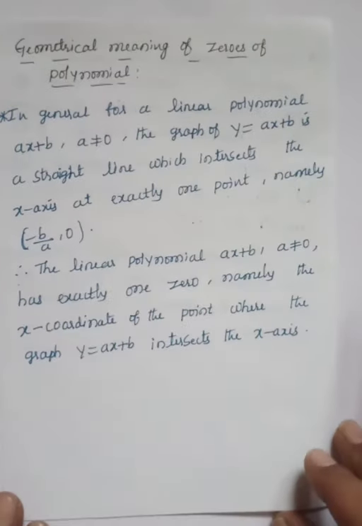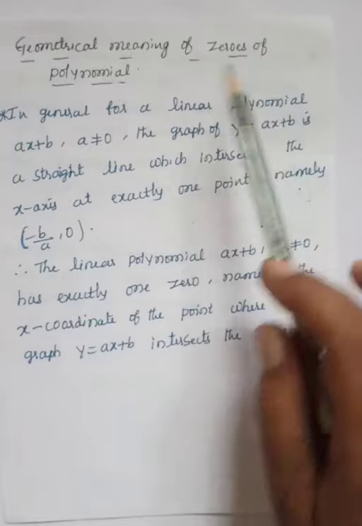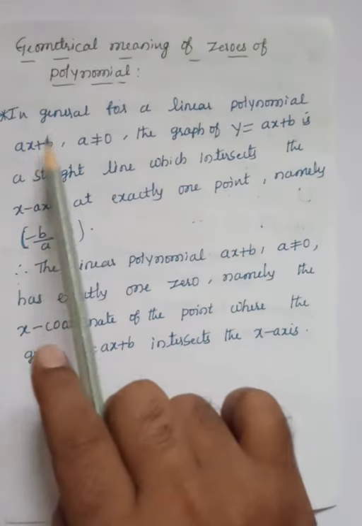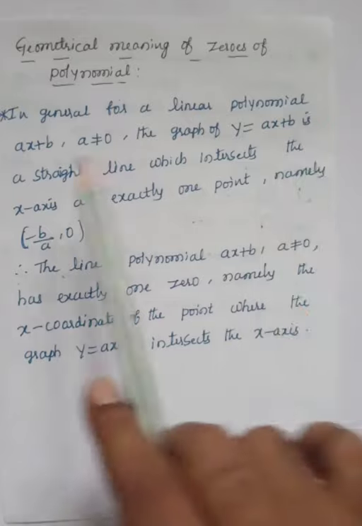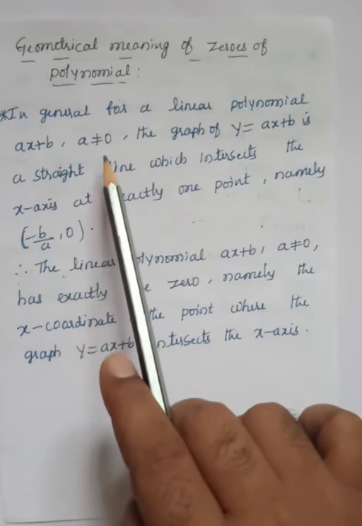Next, what do you mean by geometrical meaning? What is the geometrical meaning of zeros of a polynomial? It means how many zeros will be there in a linear polynomial, quadratic polynomial and cubic polynomial. In general, ax plus b is a linear polynomial where a is not equal to 0.